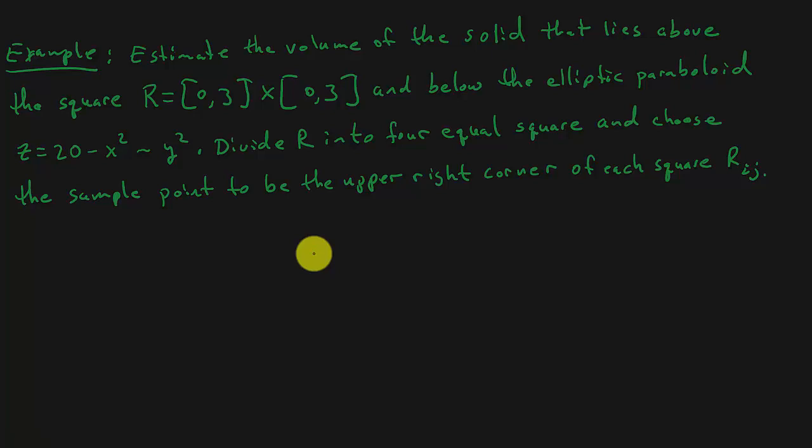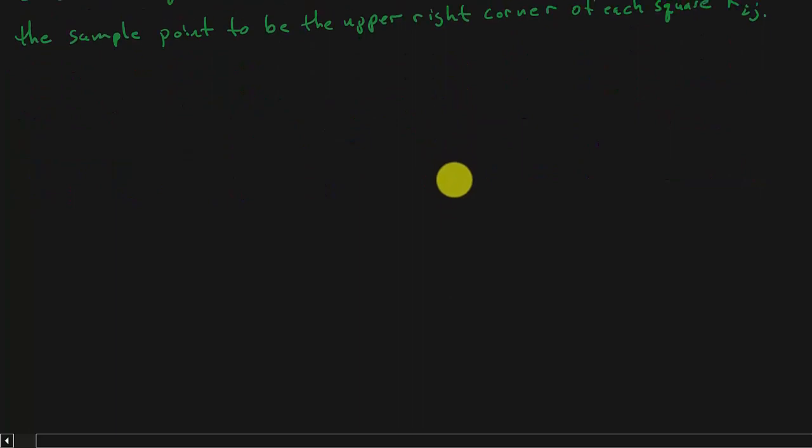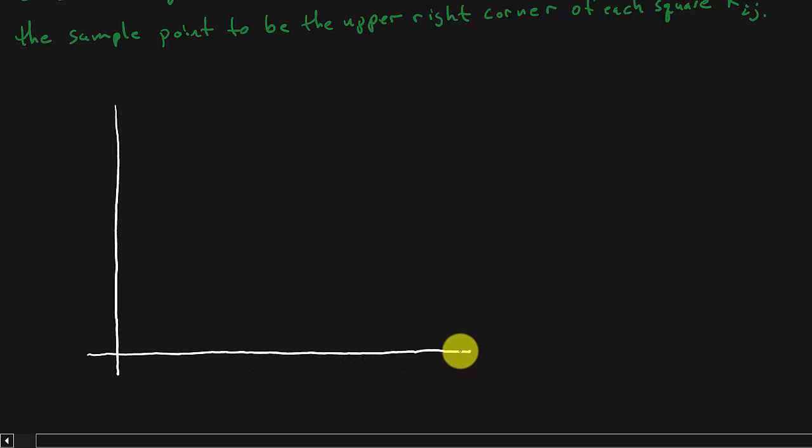So let's draw a rectangle. We don't really need to draw the surface here. We just need to look at the rectangle in the XY plane. All right, so there we have that. Let's see if I can go 1, 2, 3, 1, 2, 3. Try to make it as uniform as possible.